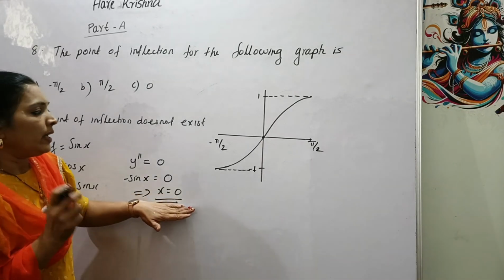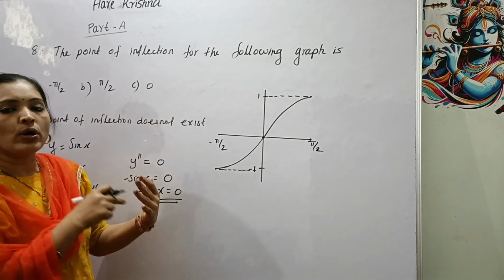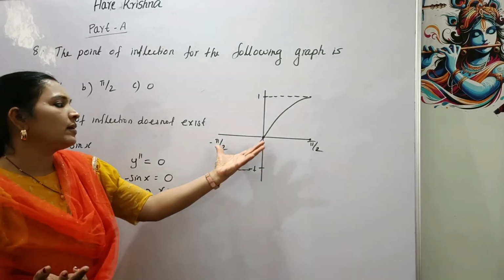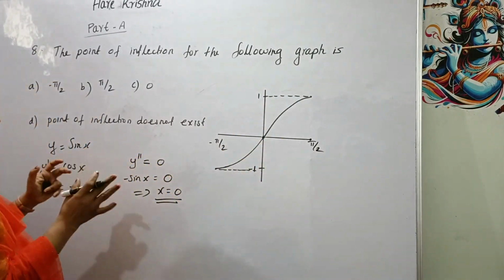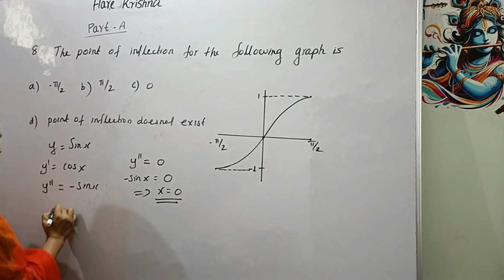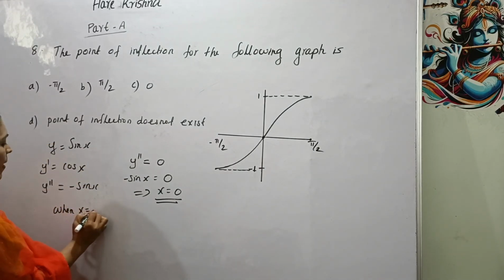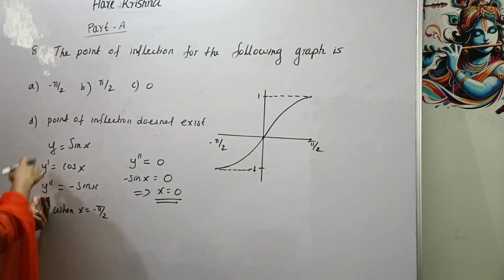Okay, now here let's take the points left of 0 and right of 0. Here, easily we can take minus pi by 2 and pi by 2. Okay, now left of 0, that is less than 0, minus pi by 2. So when x is equal to minus pi by 2, what is y double dash of x, meaning the second derivative of the function?